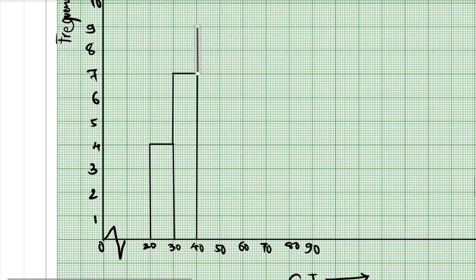So 9. This is a revision of histogram. How to make histogram. Okay.